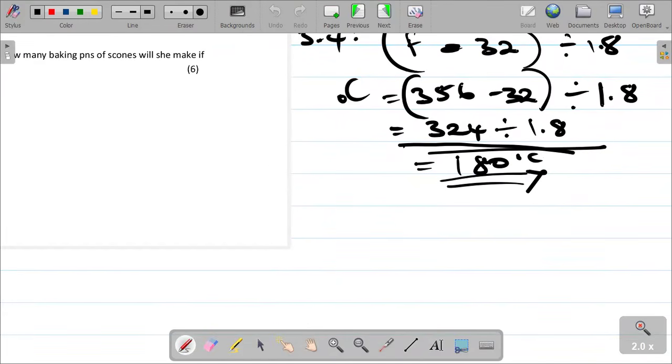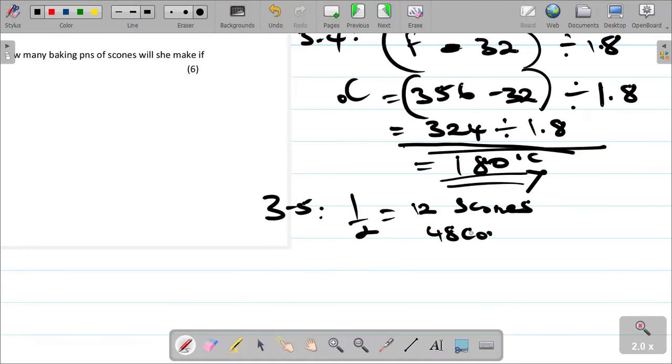3.6, 3.5. Half a teaspoon is equal to 12, and we are saying it equals 12 scones, and then 48 scones. 48 scones is equal to dash.